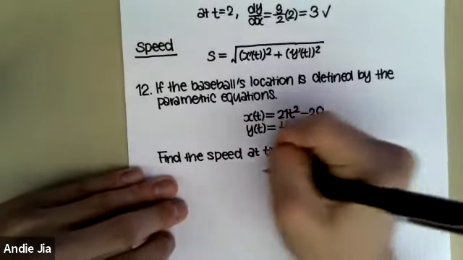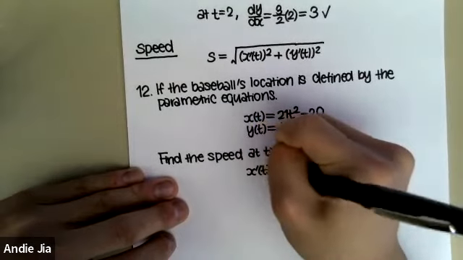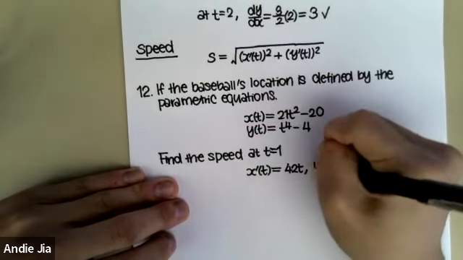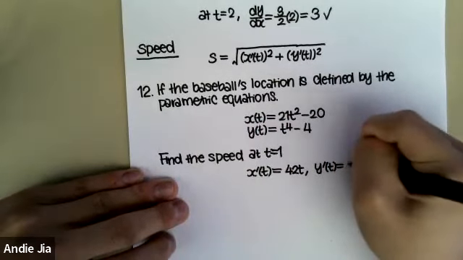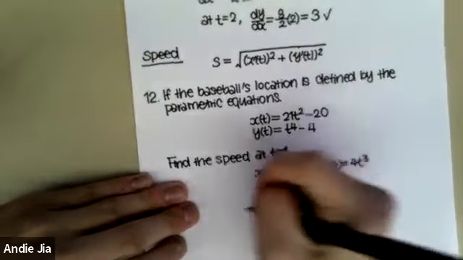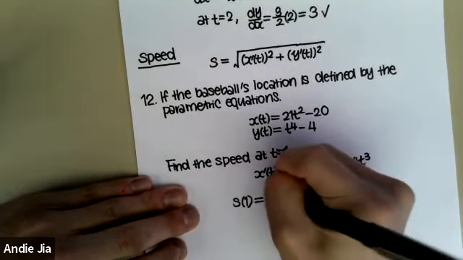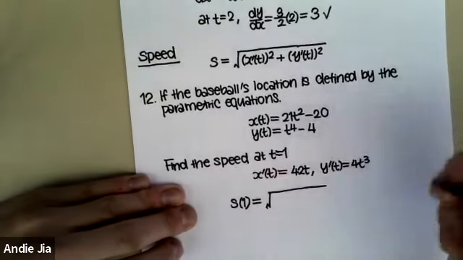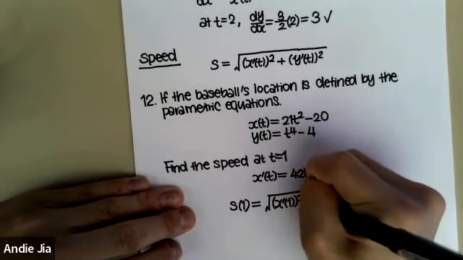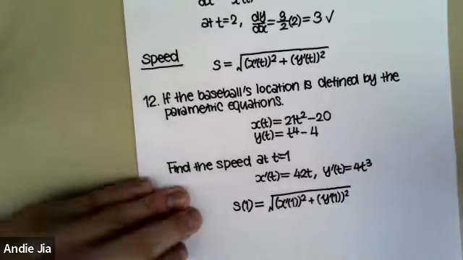So we need to find x prime of t, which is 42t, and y prime of t is going to be 4t cubed. Then for the speed, I call it S1. It's going to be x prime of 1 squared plus y prime of 1 squared.